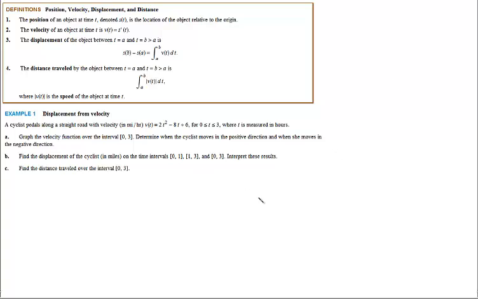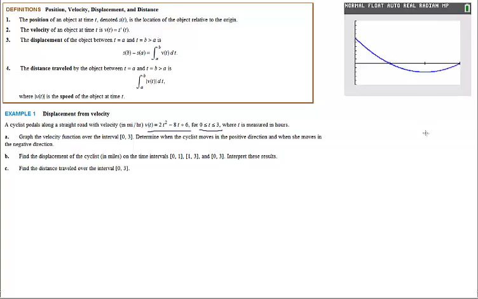For our example 1, we have a cyclist that's pedaling with a certain velocity over a time frame. We're supposed to graph that function from 0 to 3 and determine when that cyclist moves in the positive direction. So I'm going to plug that into my calculator. Okay, there's my calculator result.